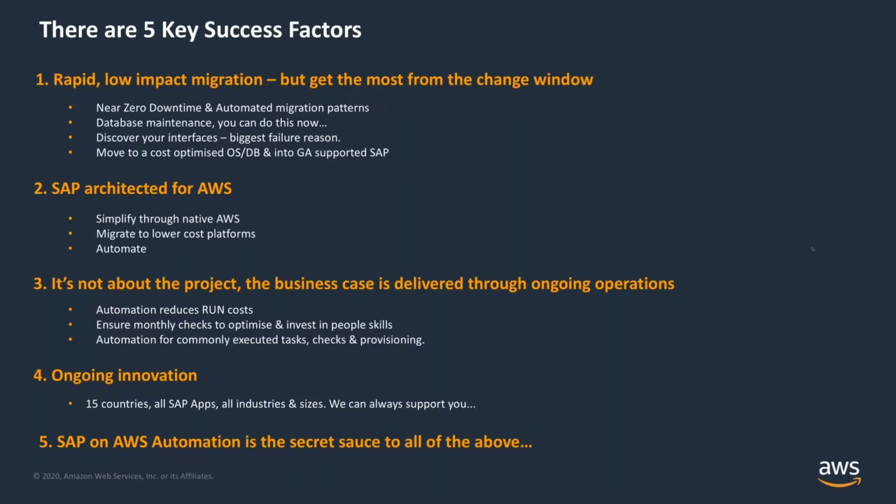Third thing is it's actually not about the migration project. We could come into the client and do the migration for you, and no benefits delivered. There's no benefit delivered by just doing the migration itself. All of the benefits of migrating SAP to AWS, whether it's cost reduction, agility, innovation, whatever it may well be, are all delivered in a period of time post the actual migration project as part of the operate phase.